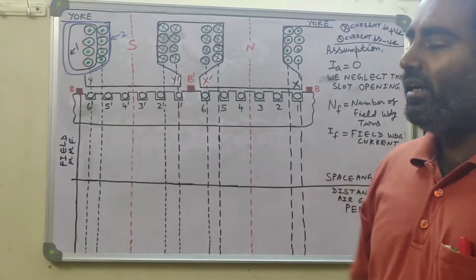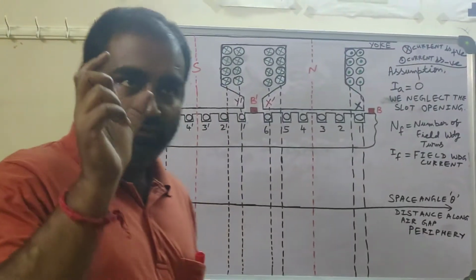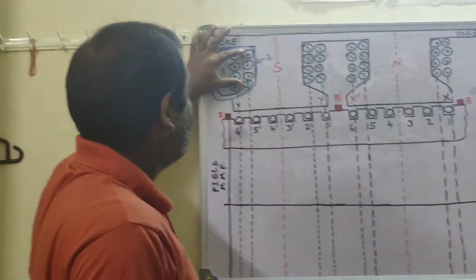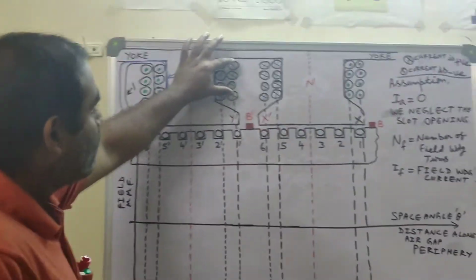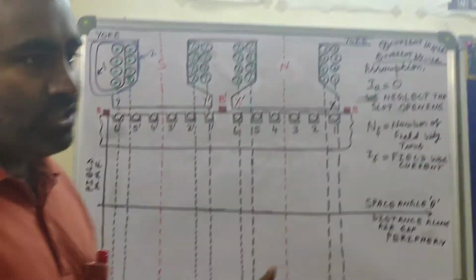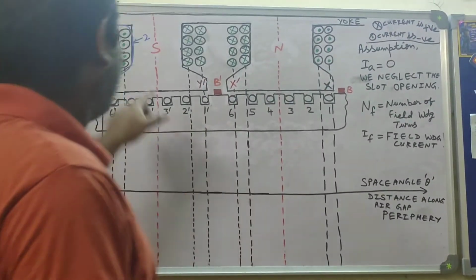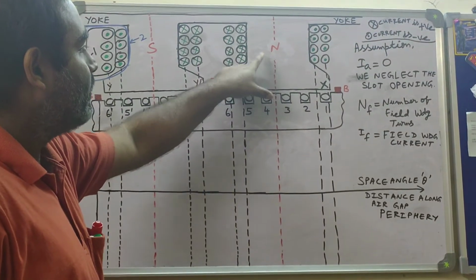So N_F conductors are placed on this side of the pole, and likewise N_F conductors on the other side of the pole. And as we want to keep the strength of the north and south poles equal, if the south pole has N_F turns, the north pole should also have N_F turns.